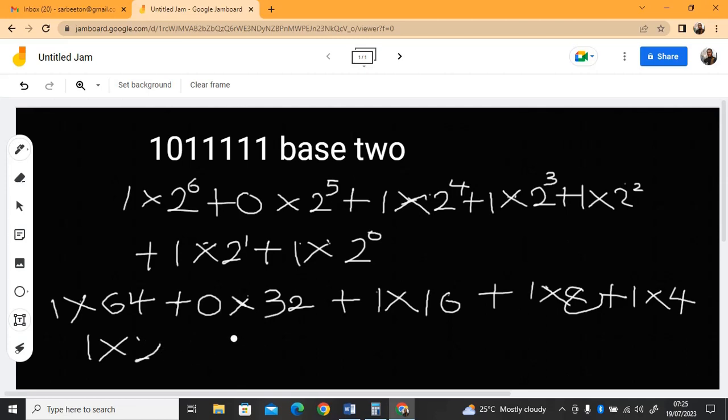Plus 1 times 2 raised to the power of 0. Mathematically you will understand this better as you progress in your class. 0 raised to the power of 0 is undefined, but for now just take any number raised to the power of 0 as 1.